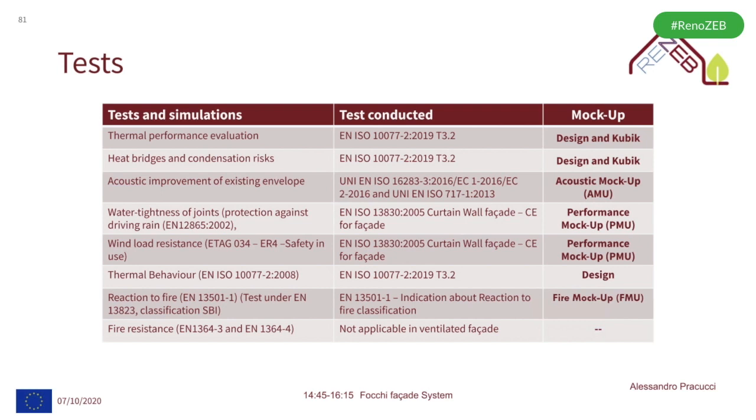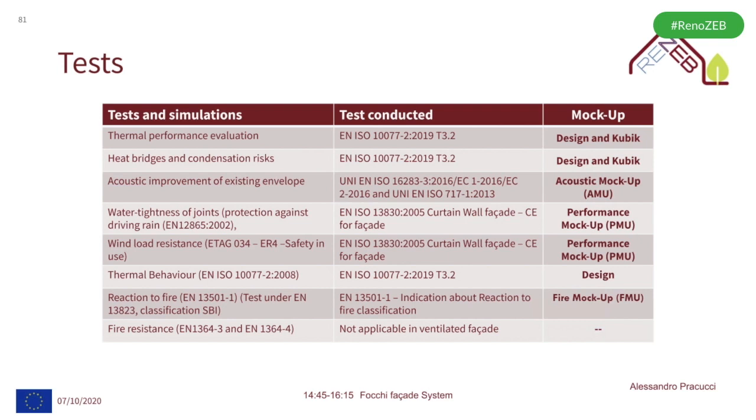For what concerns the other tests, we had three different typologies: an acoustic mockup, useful to validate the insulation achievable by the facade; the performance mockup, to test the water tightness, the air tightness, the wind load resistance, and the impact of the facade, which is normalized by the EN 13830.